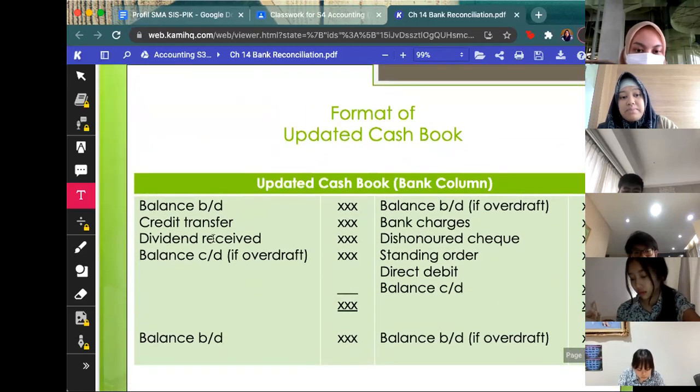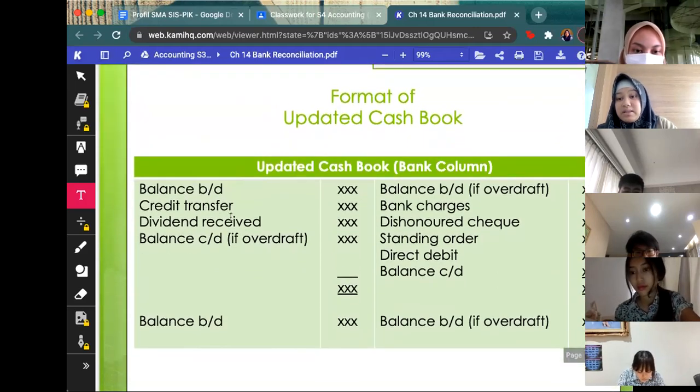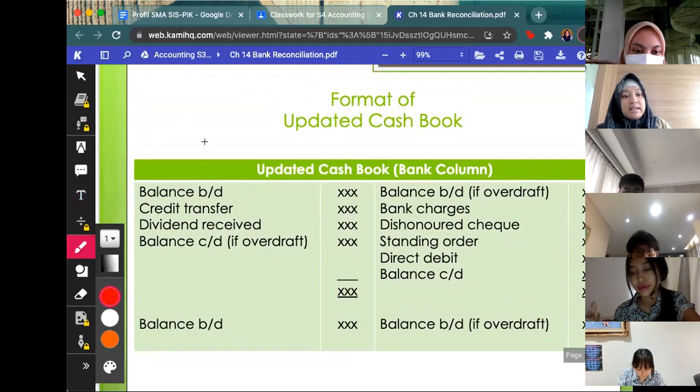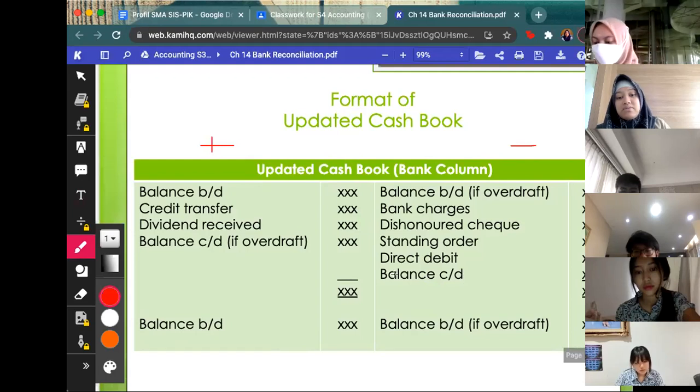Oh, I forgot to put bank interest, but you get the point. So this is the added area and the deducted area, positive and negative. And then as usual, at the end, you have to calculate balance c/d. After that, don't forget to carry it down to the next accounting period. So far, any question?